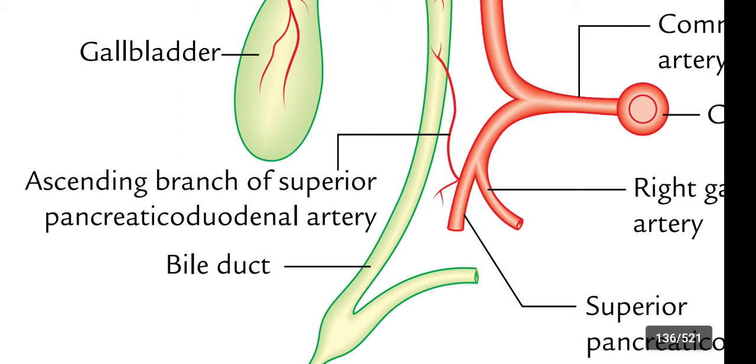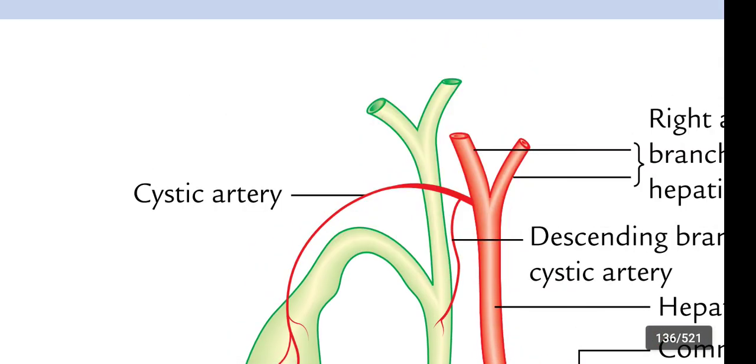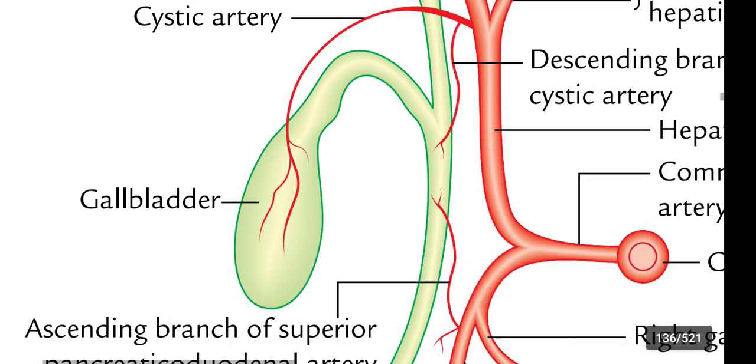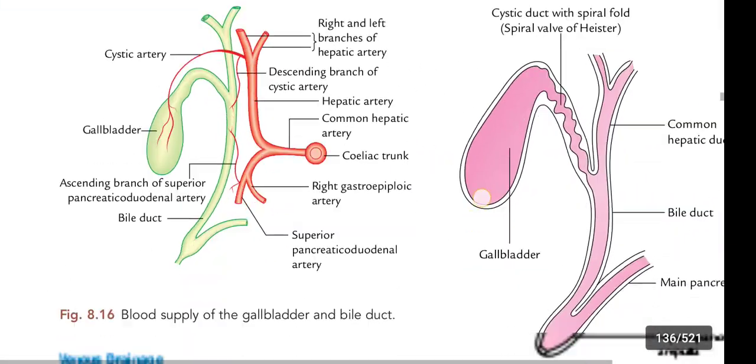The ascending branch of the superior pancreatico-duodenal artery supplies the lower part, and the descending branch of the cystic artery supplies the upper part of the bile duct. Thus we completed this.